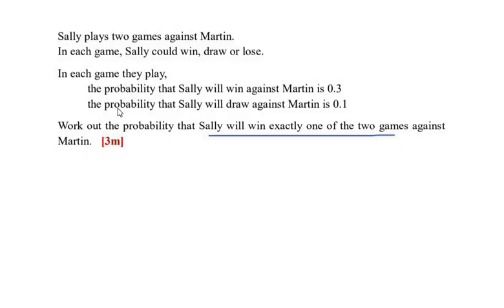Now here it is given that Sally plays 2 games against Martin, and there are 3 possibilities, that is either Sally could win, draw or lose. So the probability that Sally will win against Martin is 0.3, and probability that there will be a draw against Martin is 0.1. So now let us find out what is the probability of losing the game.